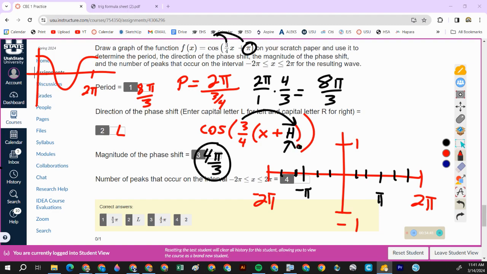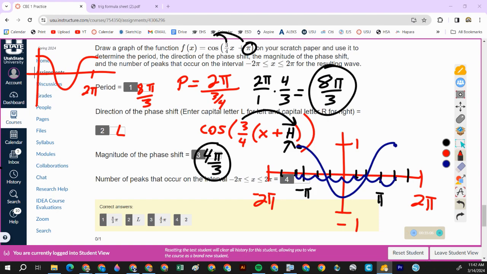Okay. And my period is 8 pi over 3. So I count over 1, 2, 3, 4, 5, 6, 7, 8. So I'm going to do a full cycle in that amount of time. Do I have enough room to make another peak?